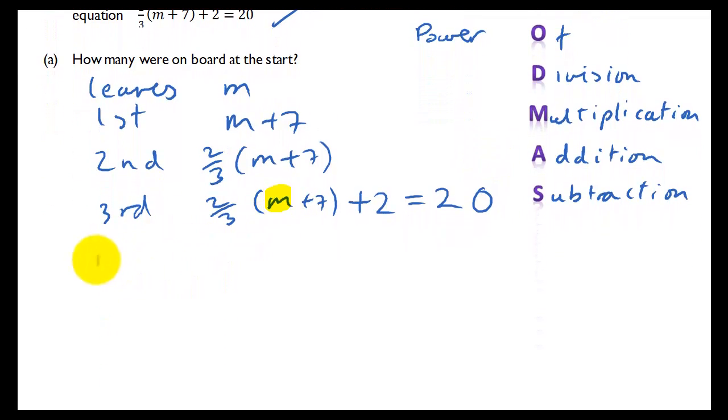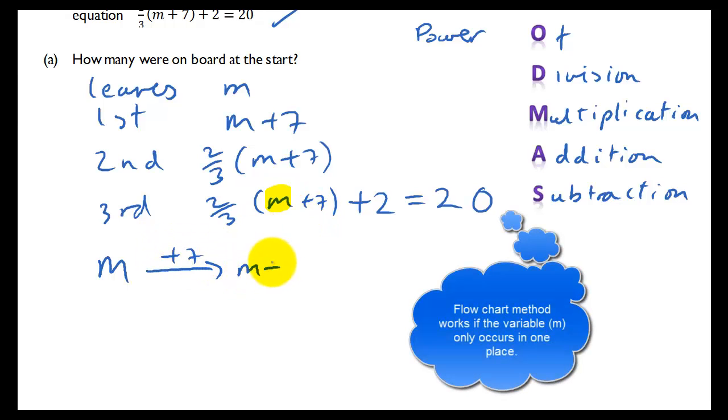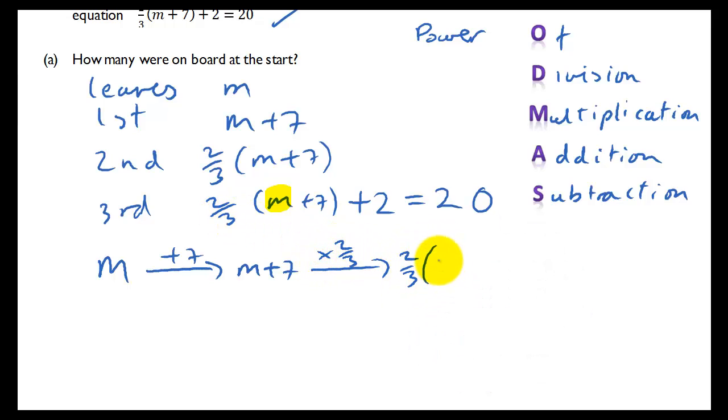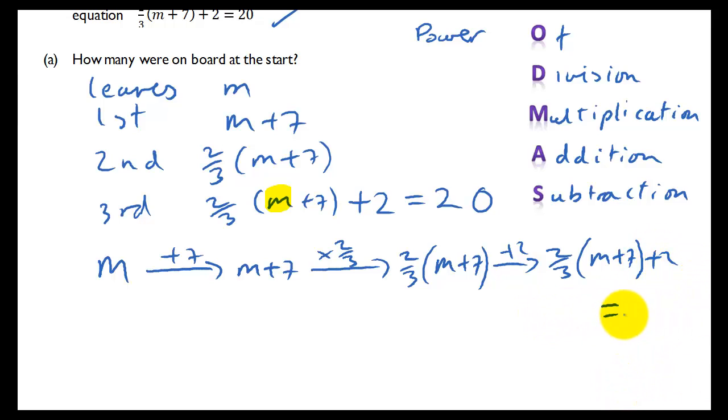If we start off with m, we add 7 to get m plus 7. We then times by 2/3 to get 2/3 (m plus 7). Notice I'm using BODMAS again. Then we add 2 to get 2/3 (m plus 7) plus 2, and this is equal to 20. So in undoing, we do the opposite order and go backwards.